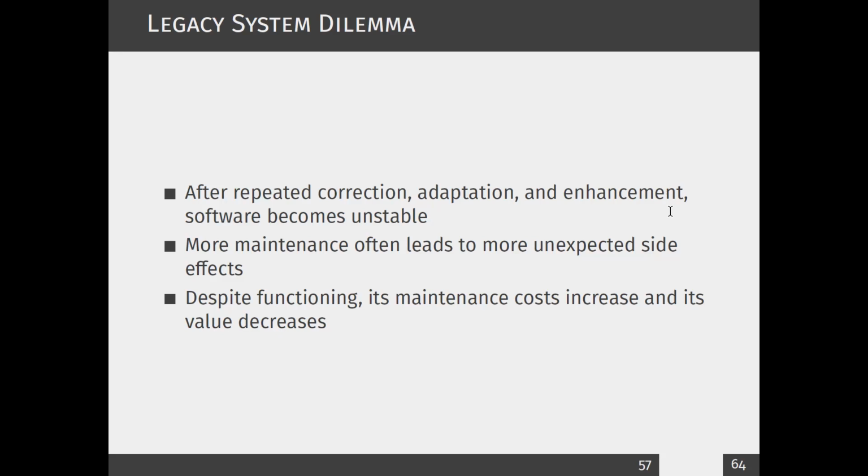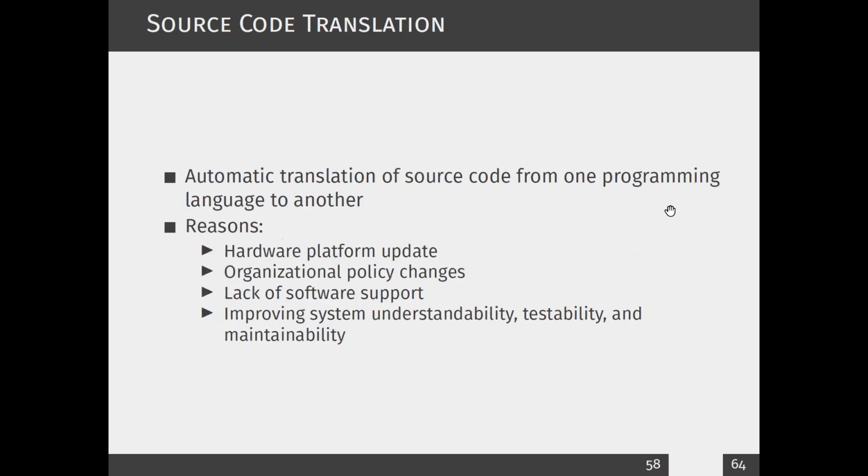And despite its function, its maintenance cost increases and its value decreases. Then the second one is source code translation: automatically translating source code from one programming language into another. Why? Hardware changes, policy changes, lack of software support for some programming languages, and to improve system stability, testability, and maintainability.